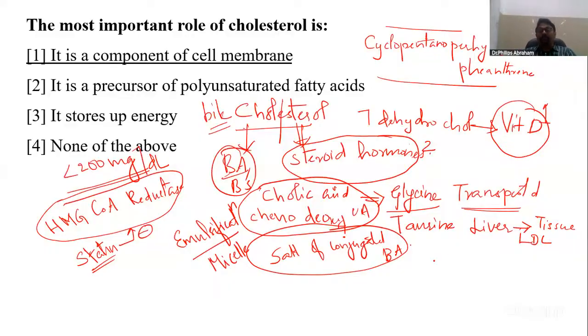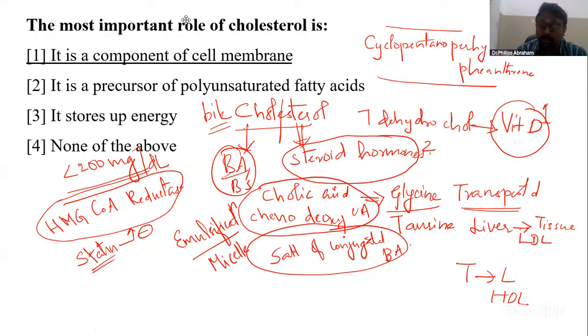But tissues to liver, it is HDL. So two things for the transport of cholesterol. One is LDL and the other one is HDL.